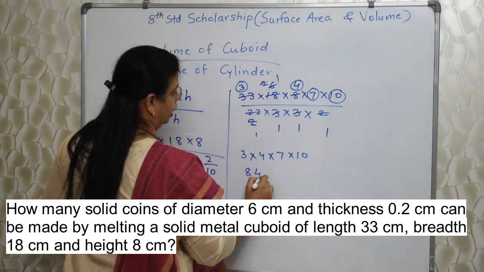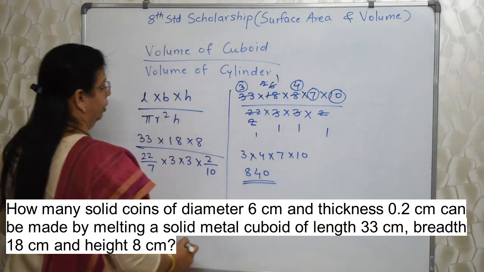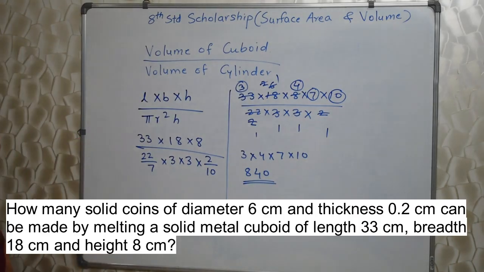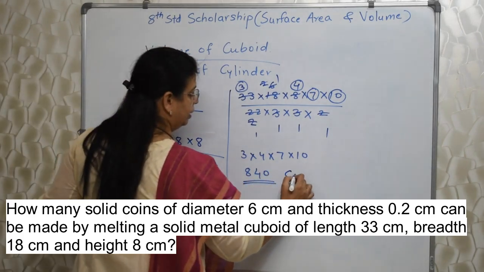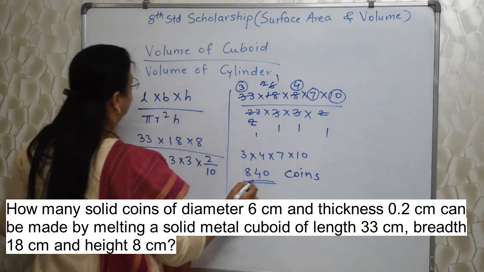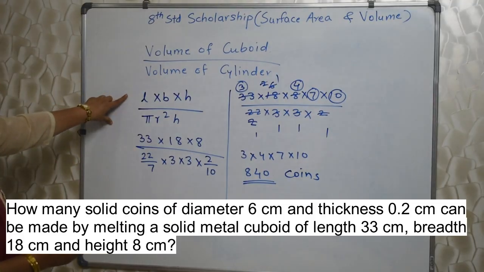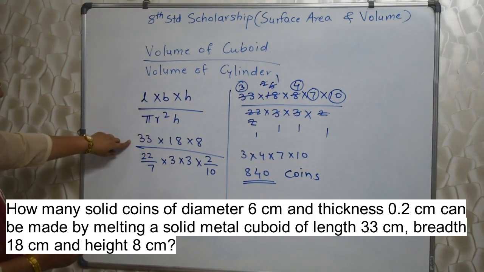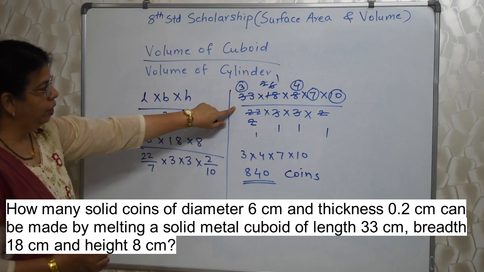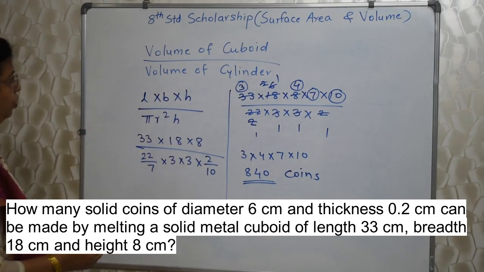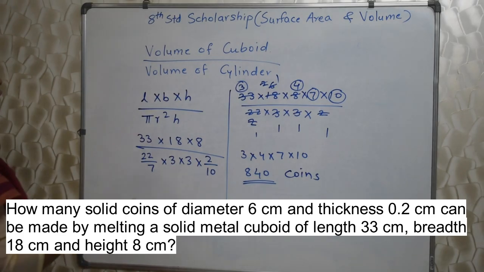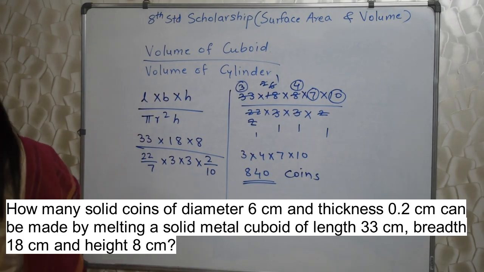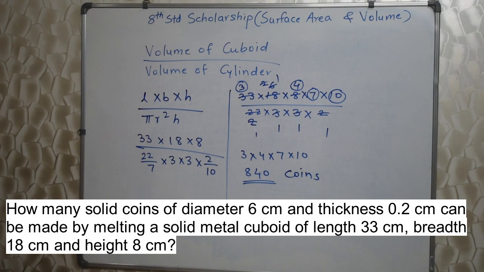So answer is 840. 840 is the answer. 840 coins can be made. Right? Very easy. I told you, you have to just write down the formula and then substitute the figure. Do the division, your answer will be ready. You should know which formula to use and then you should know the formula. These two important things are there.